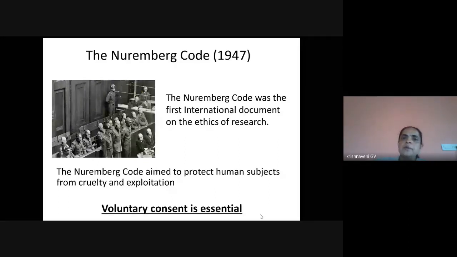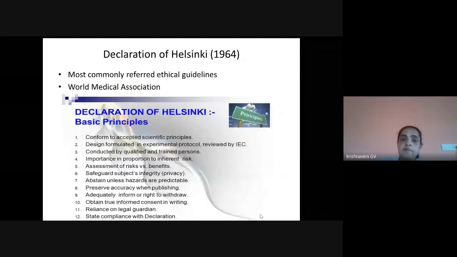After the Nuremberg Code, it was the Declaration of Helsinki, by the World Medical Association, which consolidated all ethics-related aspects in research. It was proposed in 1964, and since then it has undergone several revisions. It is one of the most commonly referred ethical guidelines in the world.